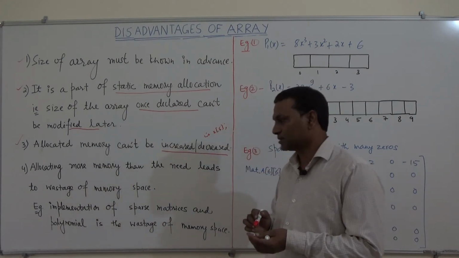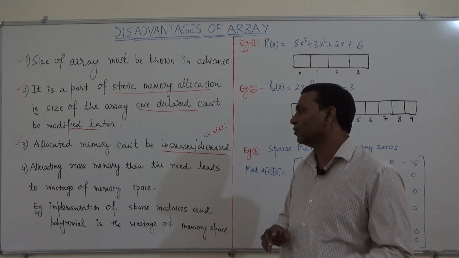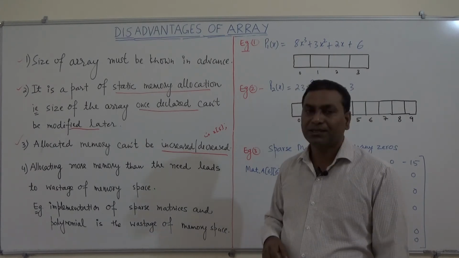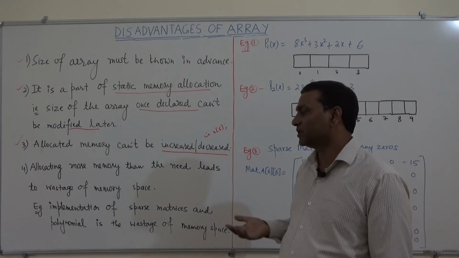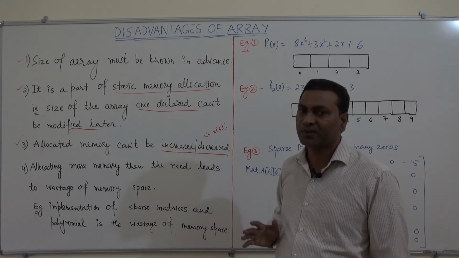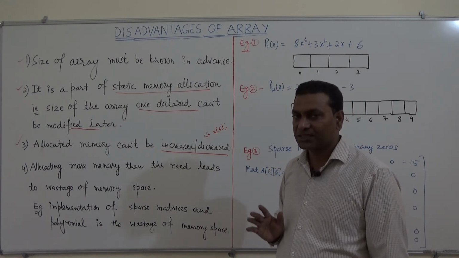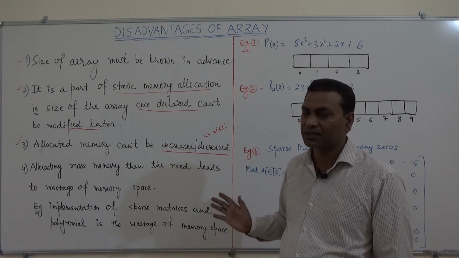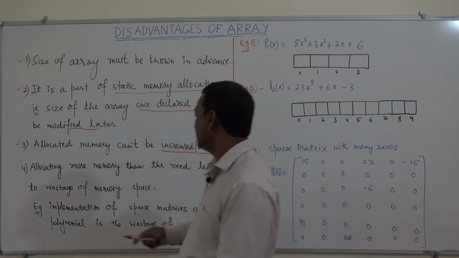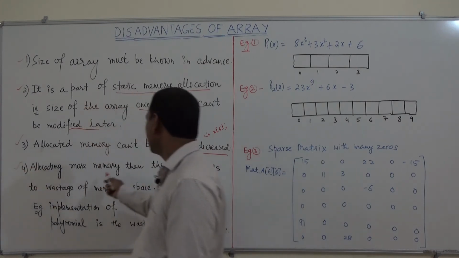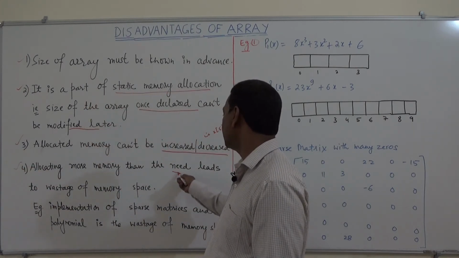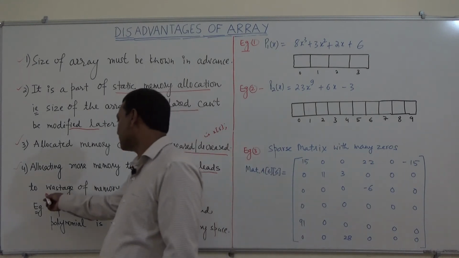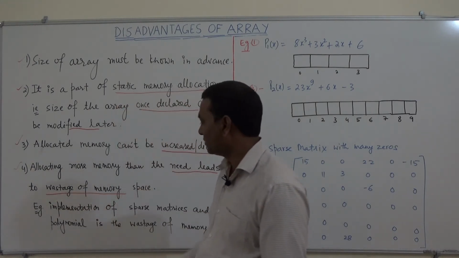Fourth drawback is allocating more memory than needed. It leads to wastage of memory space. This is a very important drawback of the array. That's why in most applications, it is not recommended. Allocating more memory than needed leads to wastage of memory space.